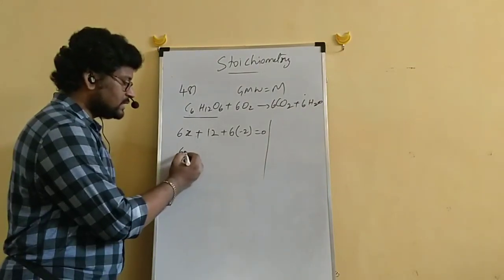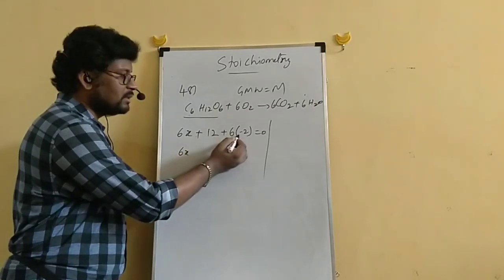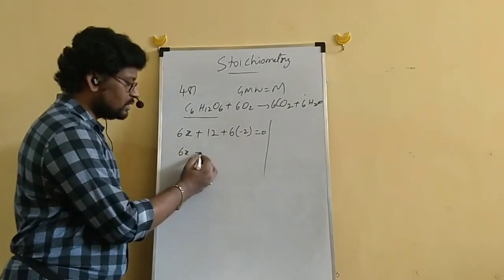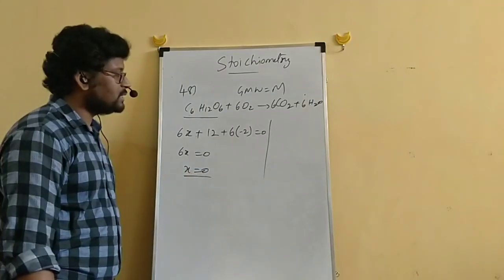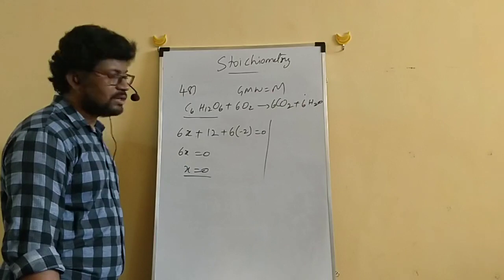Then 6x plus 12 minus 12 is equal to 0, so 6x is equal to 0 and x is equal to 0. So the oxidation number of carbon in C6H12O6 is 0.